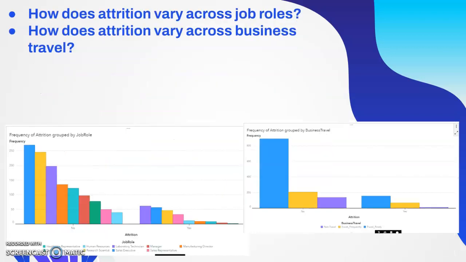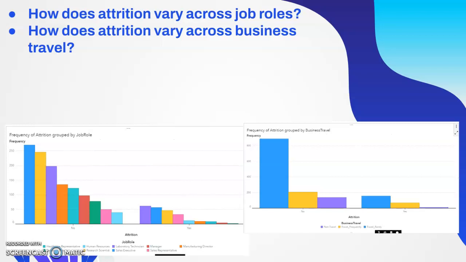So how does attrition vary across job roles, and how does attrition vary across business travel? In the bottom left chart, we can see the frequency of attrition grouped by job role. The different colors are different jobs within the groups, and the left is the frequency.